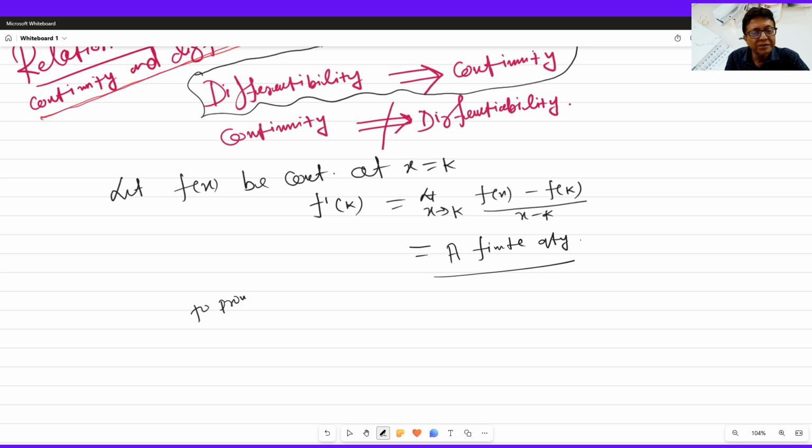It means to prove that limit x tending to k f(x) must be equal to f(k) under this assumption. What assumption? That it is differentiable there, f dash k is a finite quantity.